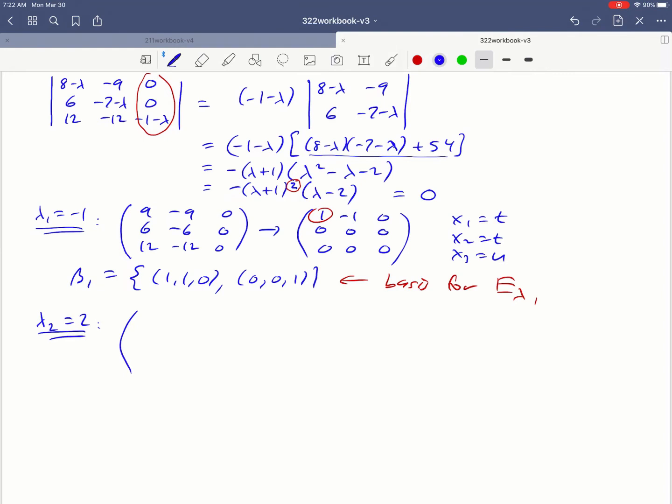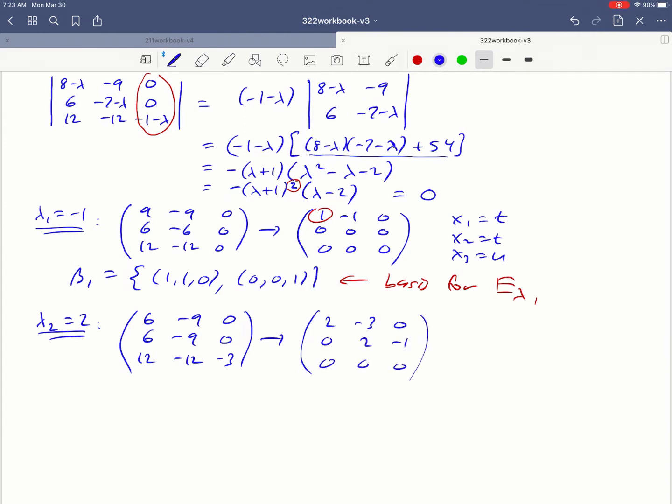Substitute that into our matrix, A minus lambda I, and here's what we're going to get. If we row reduce that, we will come down to a matrix that looks like 2, negative 3, 0, 0, 2, negative 1, 0, 0, 0.